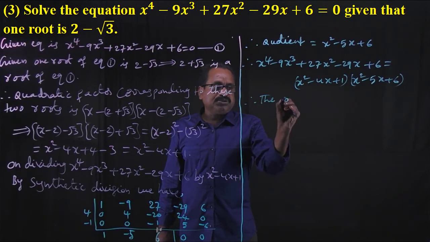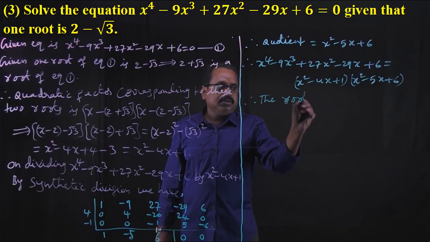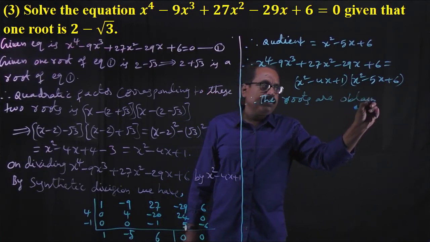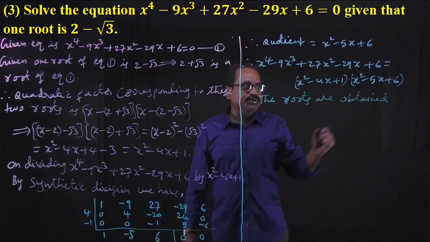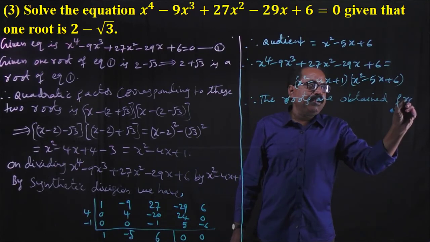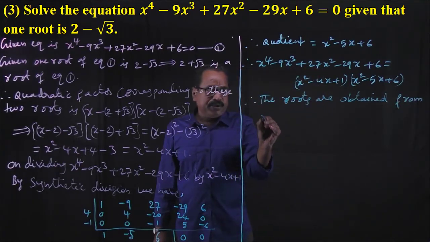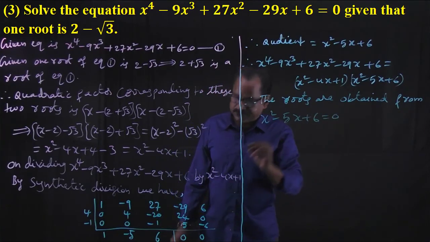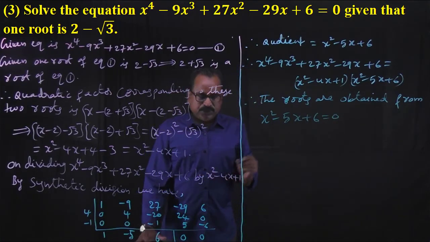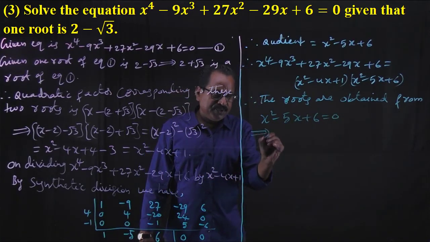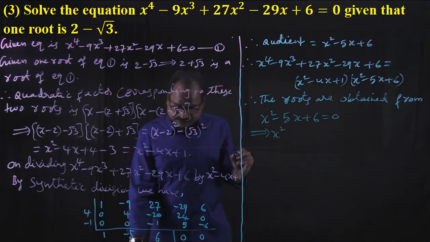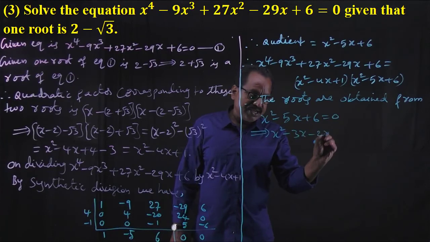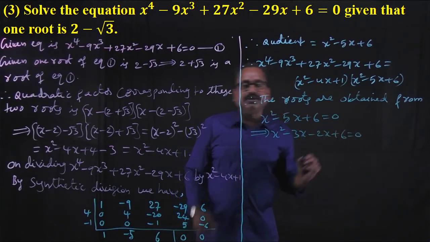the other roots are obtained from x square minus 5x plus 6 is equal to 0. So here factors are x square minus 3x minus 2x plus 6 is equal to 0.